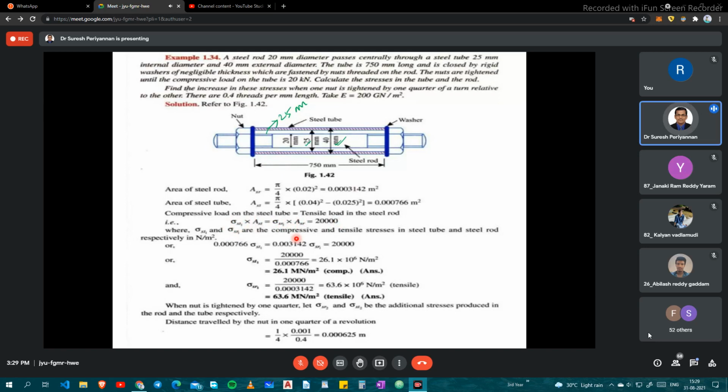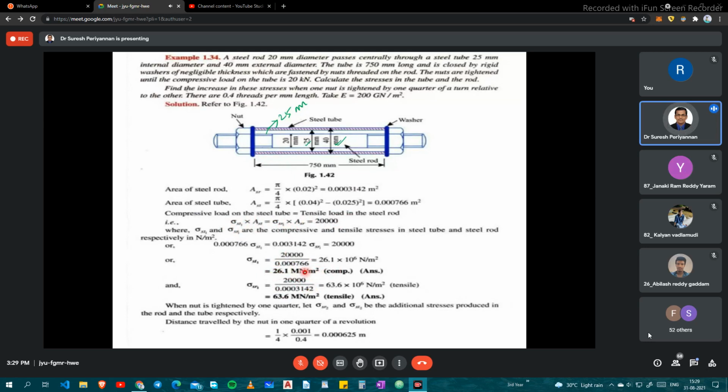Now we would like to find out the stress. From this relation, we are able to find how much stress is in the tube and rod. See here, 20,000 divided by the area of the tube, and we know the area of the rod, so substituting, the stress in the tube is 26.1 MPa.